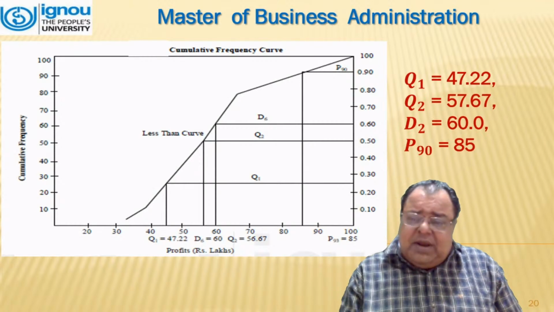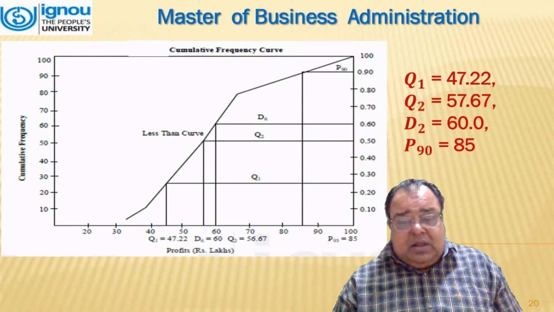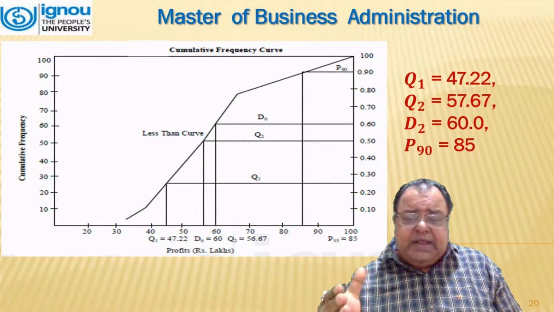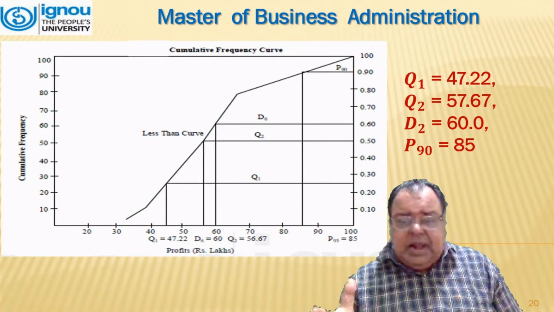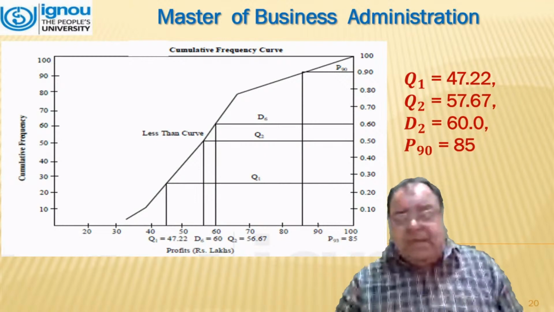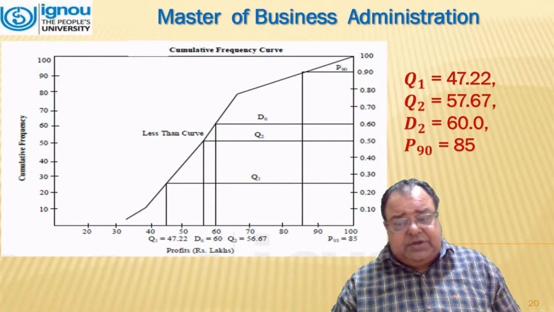Now we have to calculate a decile. Here, we take 60%, mark it on the curve, and draw a horizontal line and then a perpendicular, and its value comes out to be D6 is 60.